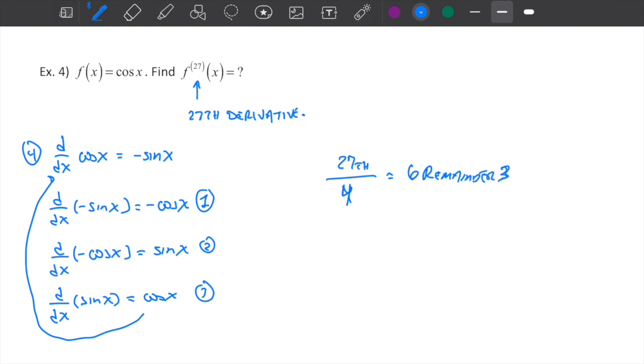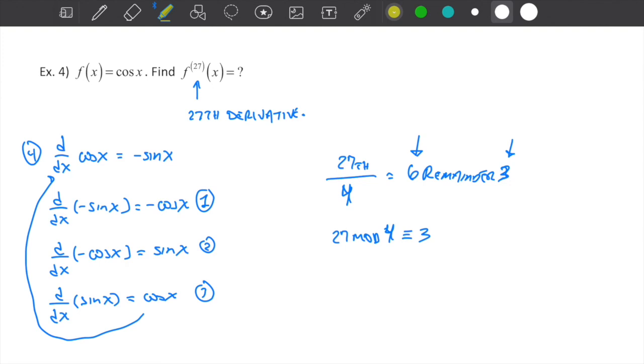We call this modular arithmetic. 27 mod 4 is equivalent to 3, meaning the remainder. If we take 27, what's the remainder when we divide it by 4? Sometimes known as clock arithmetic. What that means is we're going to go through 6 full cycles and then 3 additional placements.